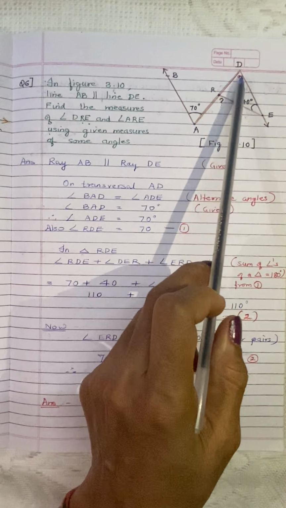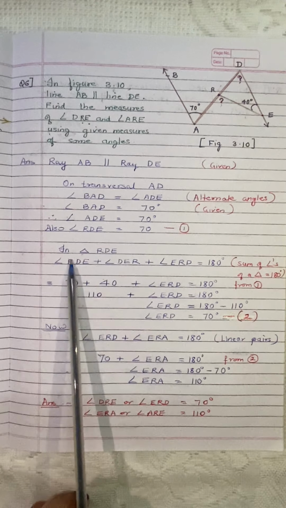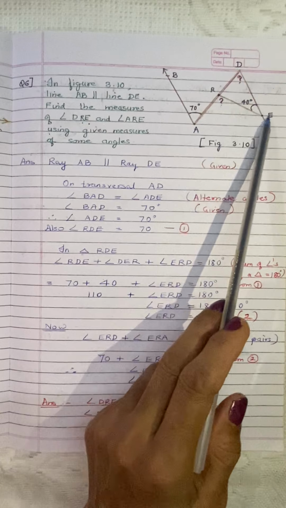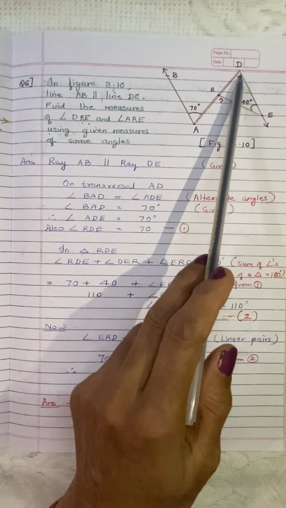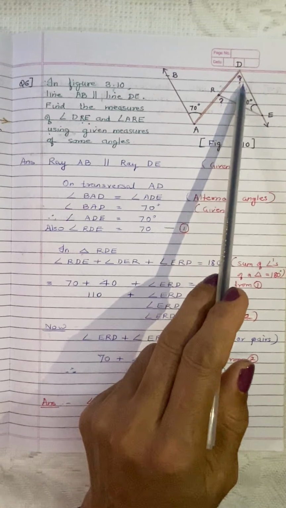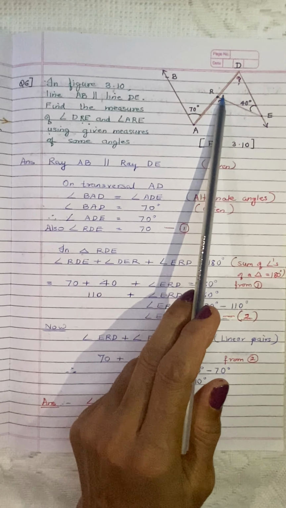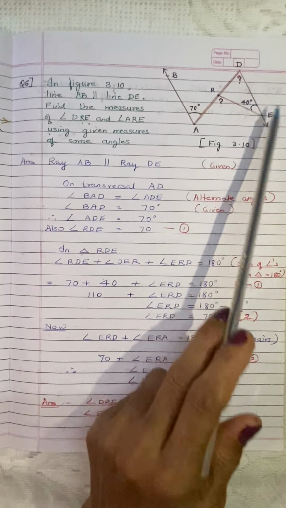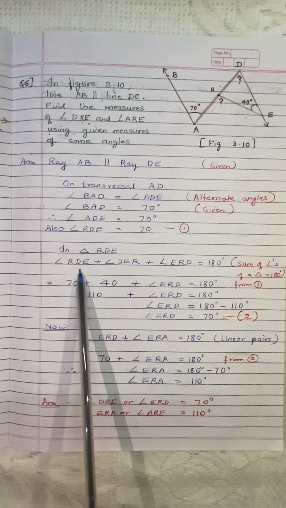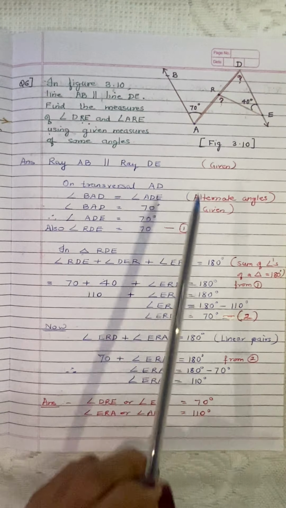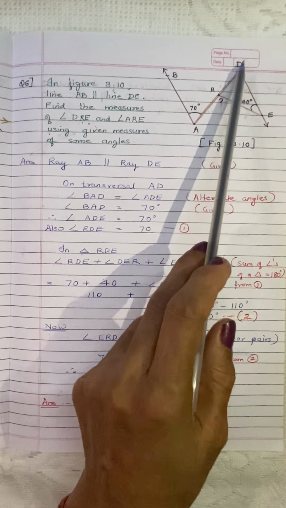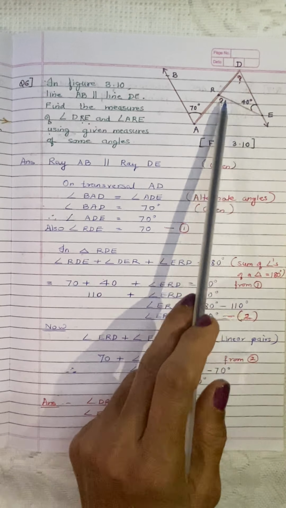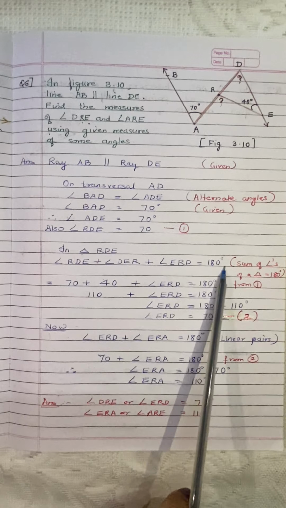Now we have got the value of D, that is 70, in triangle RDE. Now if you look at this triangle RDE, from the three values we have got two values. So now we can find the value of this angle by using the property of triangles, that is sum of measures of angle RDE, DER and ERD is equal to 180 degree.